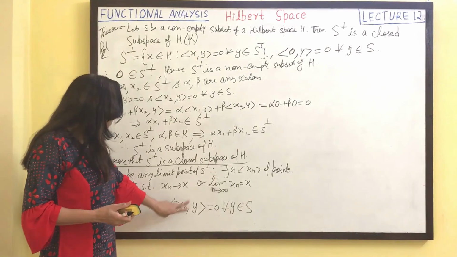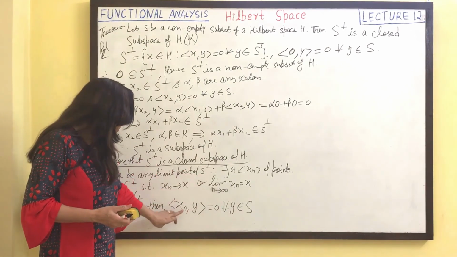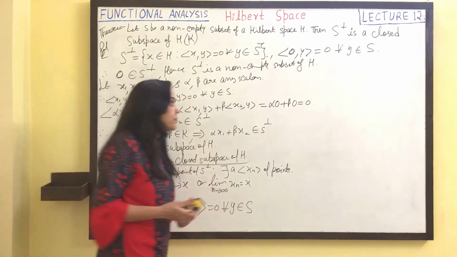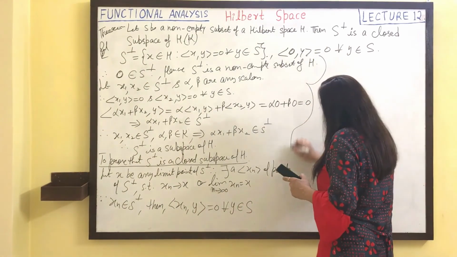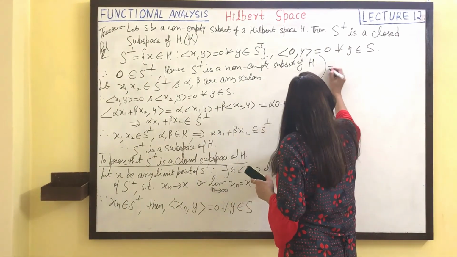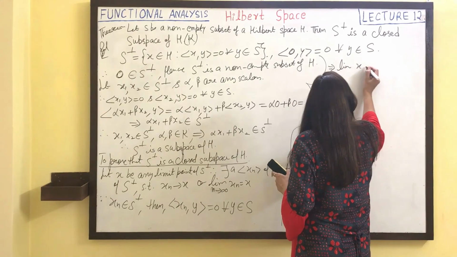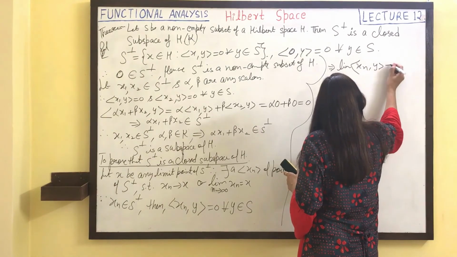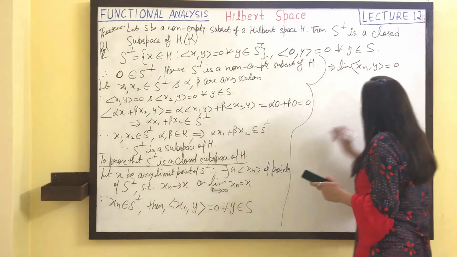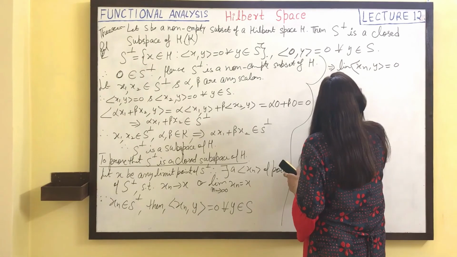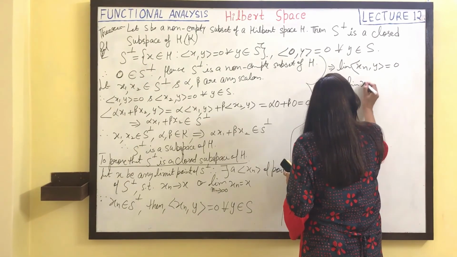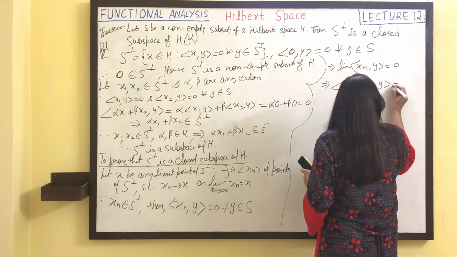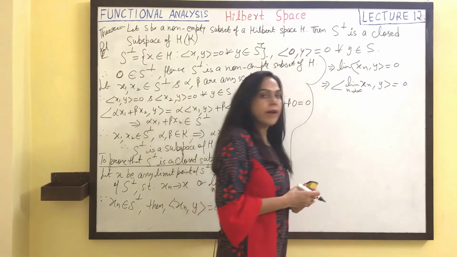Because xn is an element of S perpendicular, then obviously the inner product of xn comma y will be 0 for all y belongs to S. Now this can be written as the limit of the inner product of xn comma y is equal to 0, right?